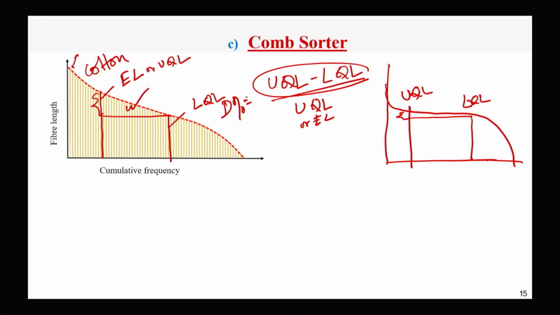By the term dispersion, we can measure how the length is varying. Any flatter mid zone will indicate a lower dispersion percent.